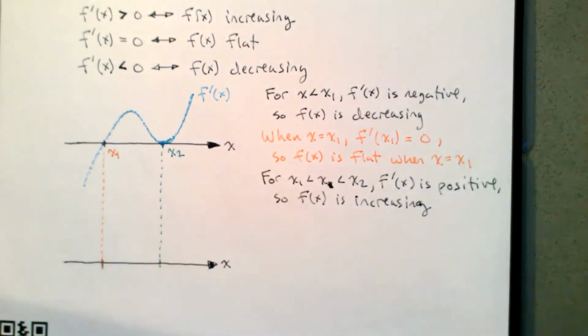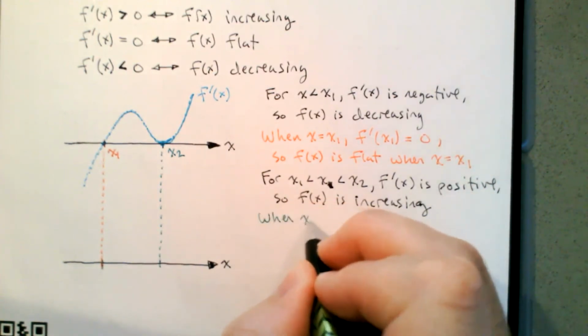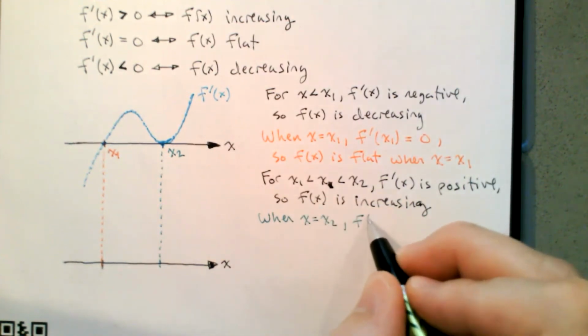When we get to x2, f prime of x is back to 0.